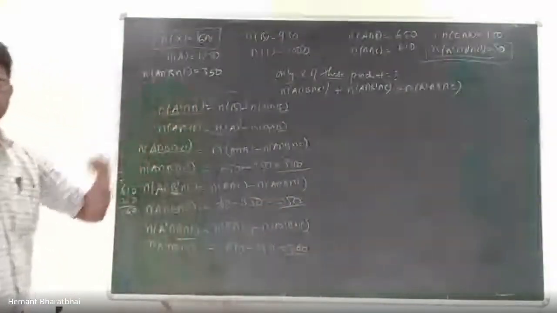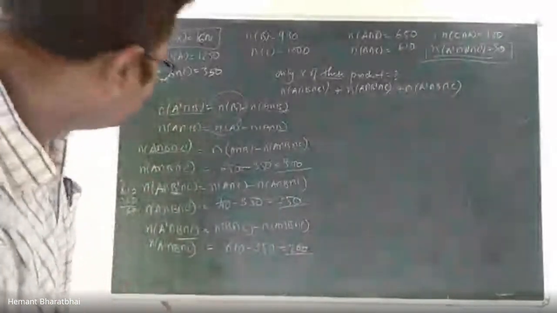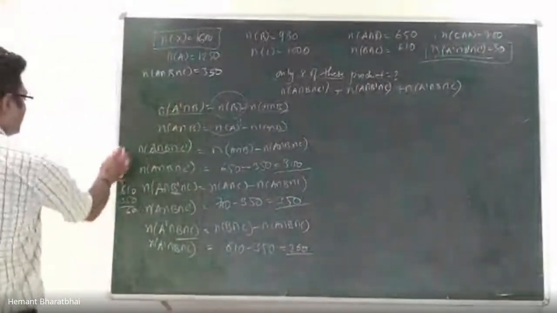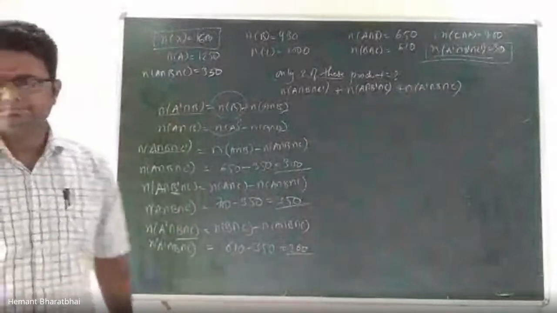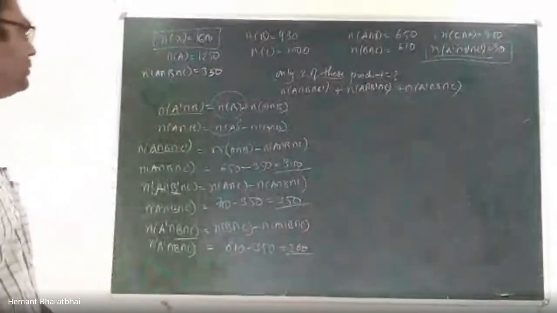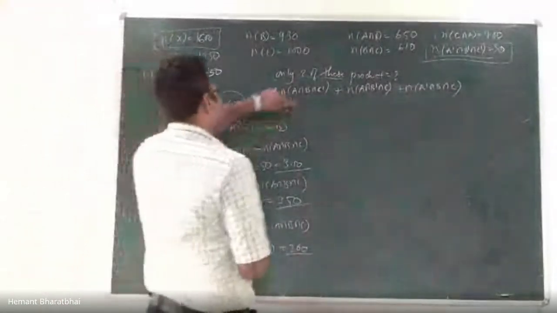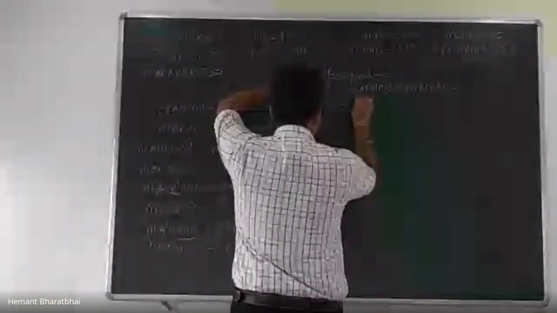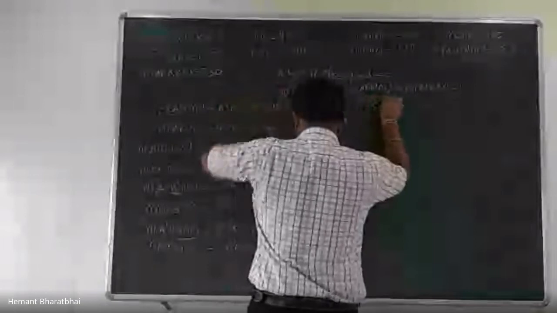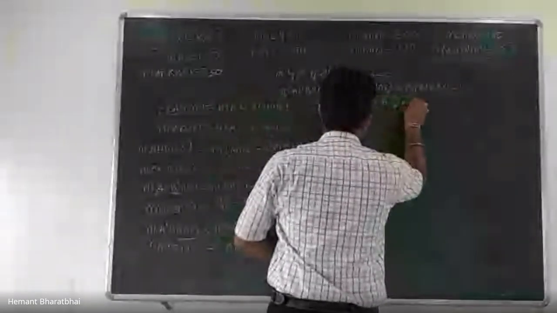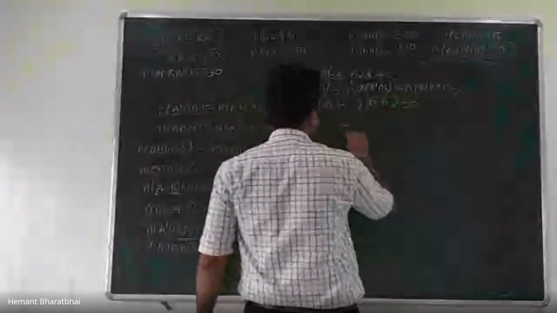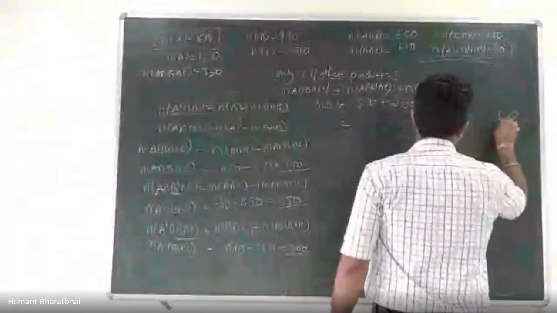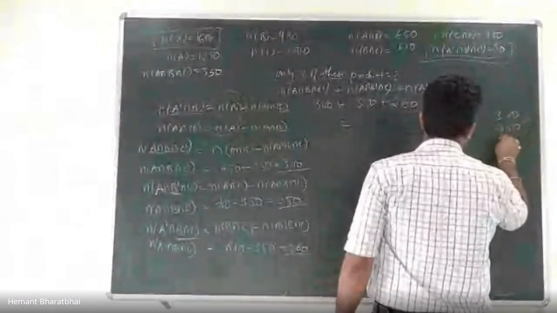Now we have to find out how many of the people like at least two products. So I'll substitute the values over here. I have got 300 plus 350 plus 260.